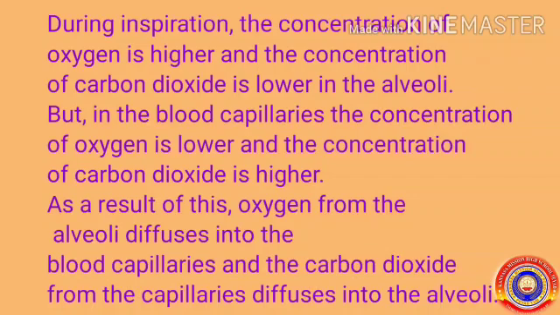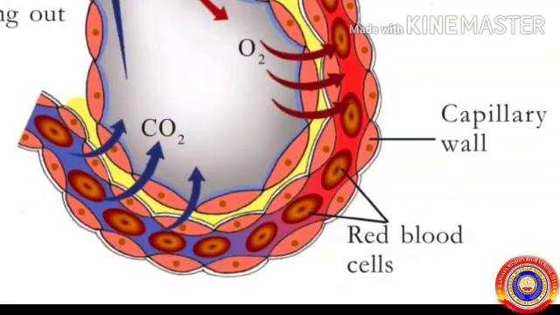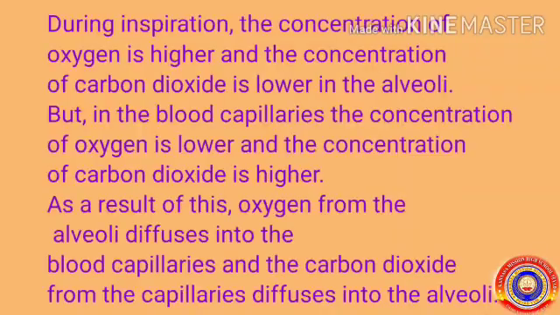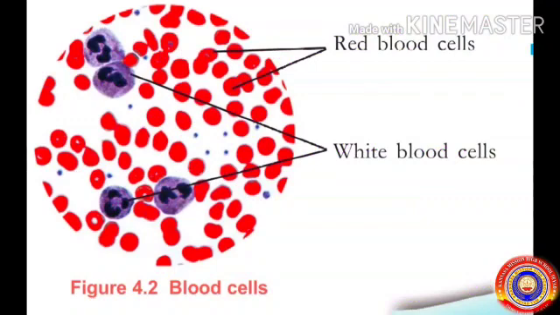But in the blood capillaries, the concentration of oxygen is lower and the concentration of carbon dioxide is higher. As a result of this, oxygen from the alveoli diffuses into the capillaries and carbon dioxide from the capillaries diffuses into the alveoli. Look at the blood smear.